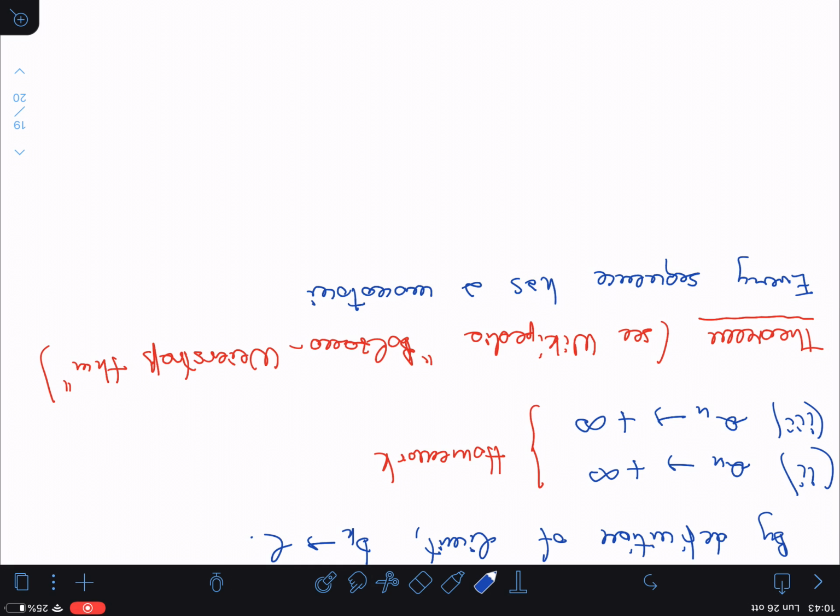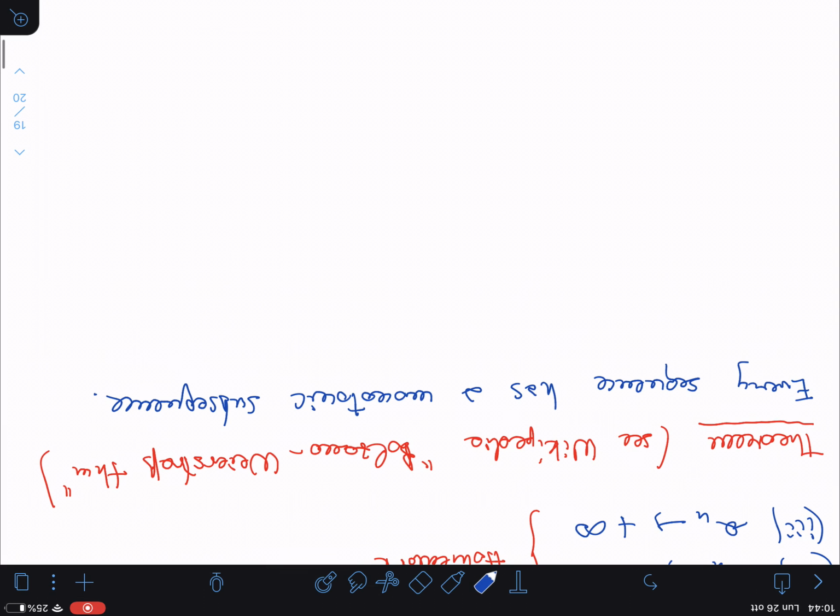It's almost poetry, okay? There are no formulas, it is very simple. Every sequence with no further hypothesis has a monotonic subsequence, and we cannot specify whether it will be increasing or decreasing, but you will always be able to find a monotonic subsequence. Let me give you the proof of this wonderful theorem.